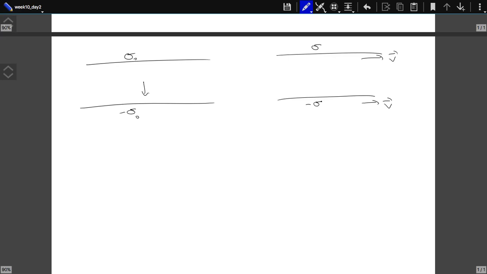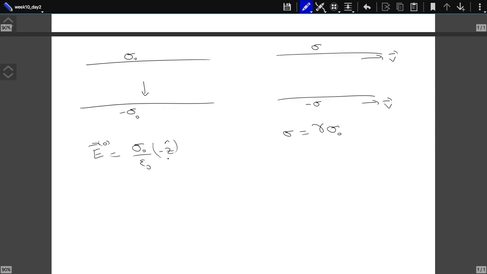The charge density sigma will be larger than sigma 0. And sigma will be just gamma sigma 0. And now we said that, okay, in this reference frame, the electric field is given by, let's call it E0, sigma 0 over epsilon 0 in the minus z direction, let's say.